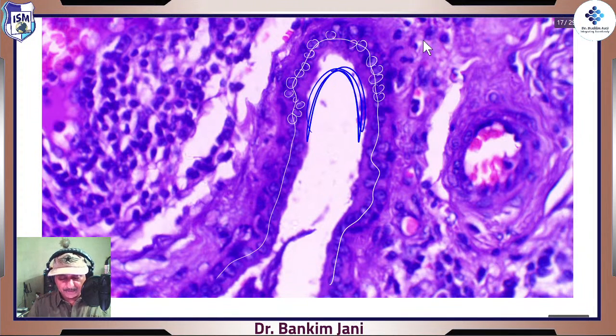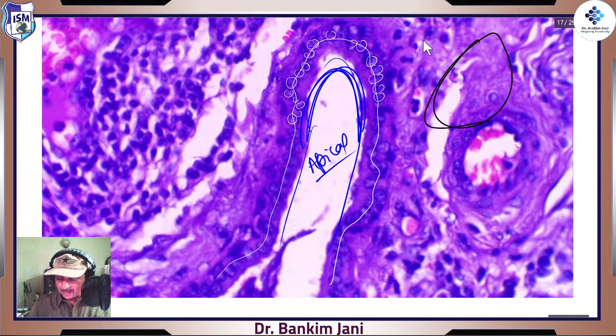This internal part, this inside, is called the apical. What does apical mean? Say this is a cell. It is this tip which is called the apex. That's the base, so the basement membrane is here.